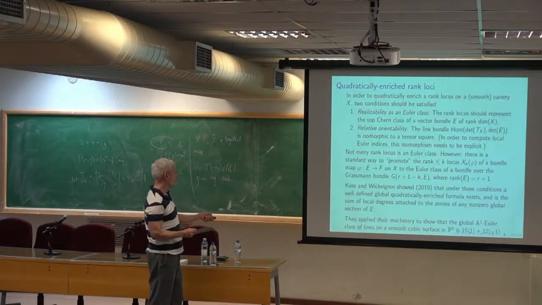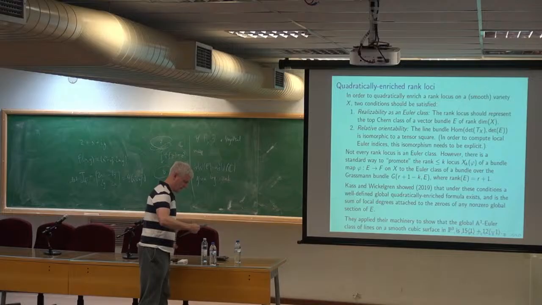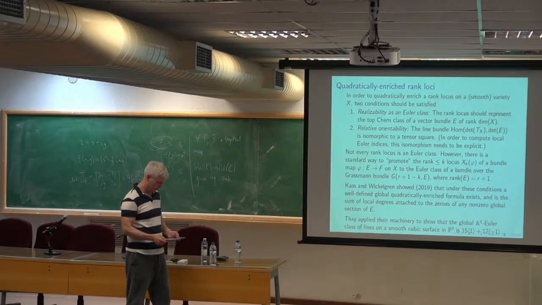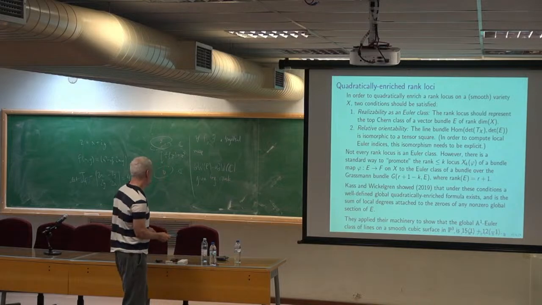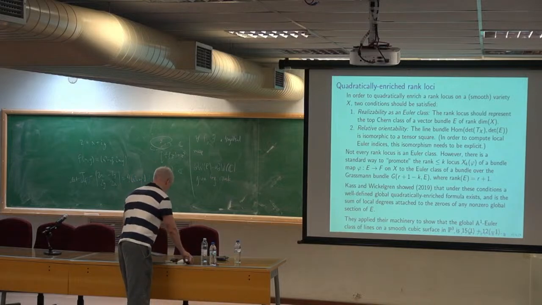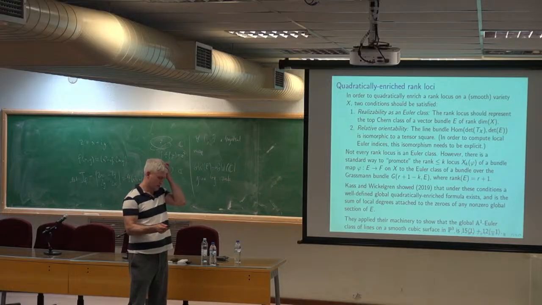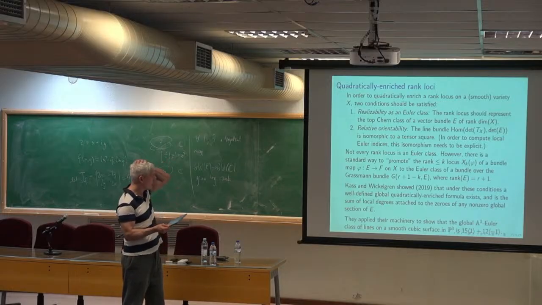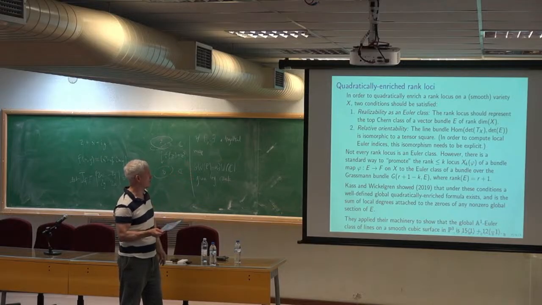Okay, so now in the remaining time, I want to explain a little bit about how to compute quadratically enriched formulas, and in particular quadratically enriched classes of rank loci.